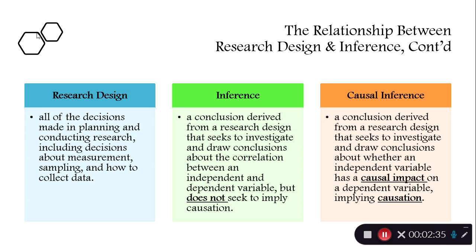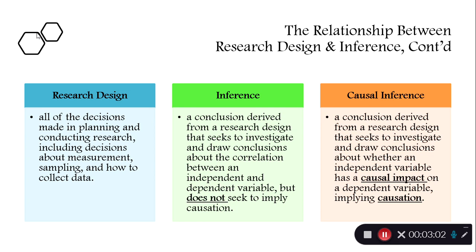So now let's look at the concepts of research design, inference, and causal inference. In terms of research design, I like to think of research designs as a blueprint that contains all of the decisions made in planning and conducting research, including decisions about measurement, sampling, and how we go about collecting our data.